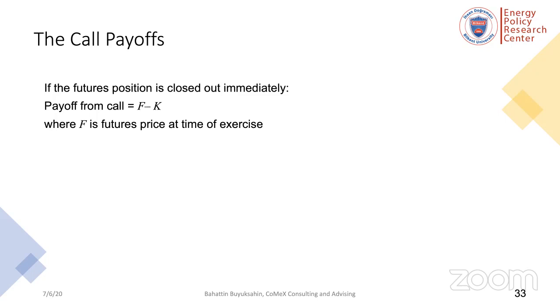The total payoff from exercising the option on July 2nd is $5,000, basically, which is equal to 1,000 barrels times the futures price F minus the strike price.